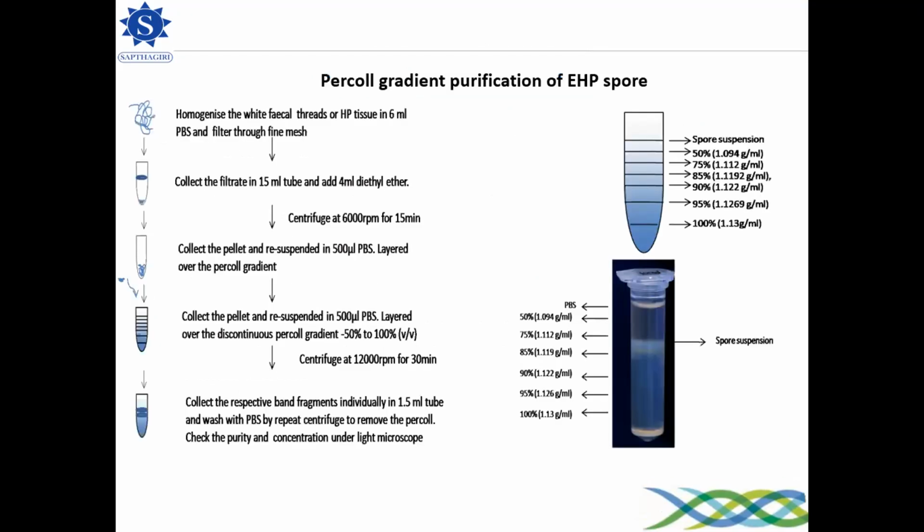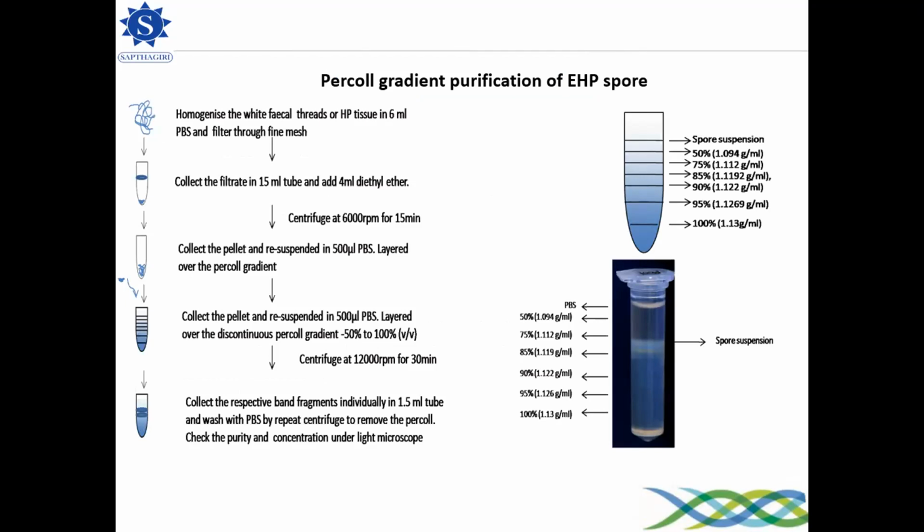For a clear identification, we have to isolate the spores in a purified way, because the spore size is 1 micron and it mostly falls in the size range of bacteria and yeast.